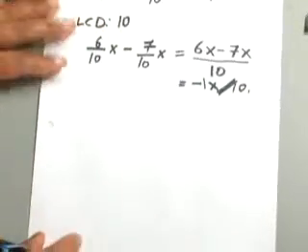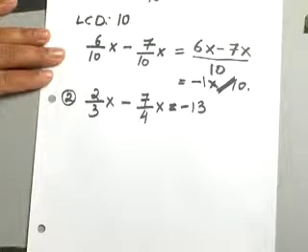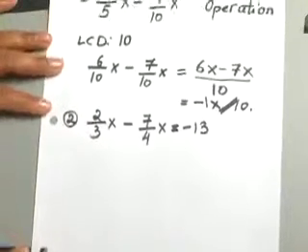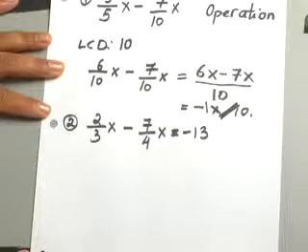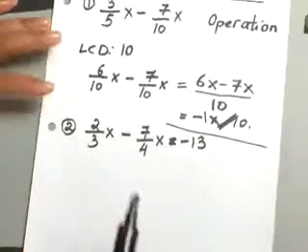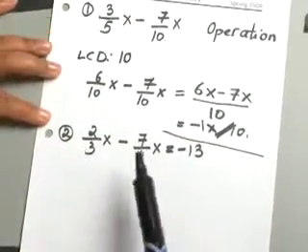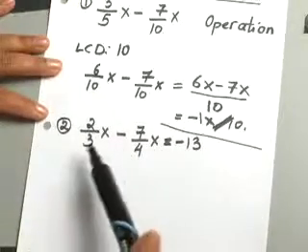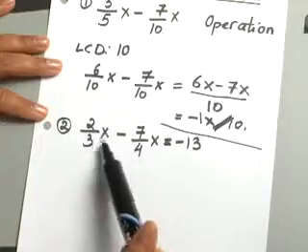Okay, now let's go ahead and look at another example. Here you have 2/3 x minus 7/4 x, and that equals negative 13. Now in this case, you can obviously see that this is an equation because you have the equal sign, and here you are going to try and solve this equation for x.